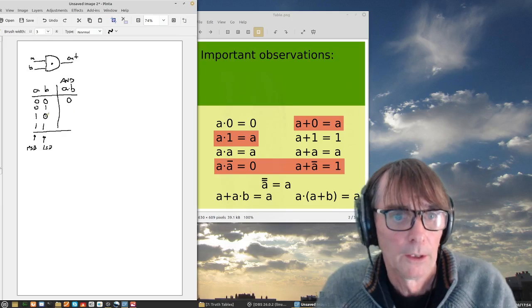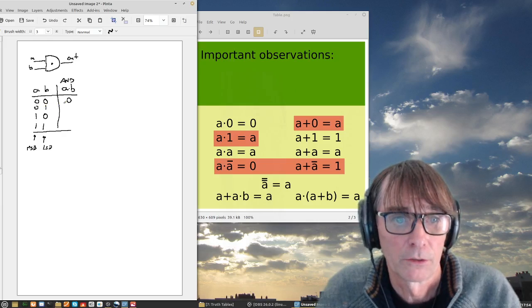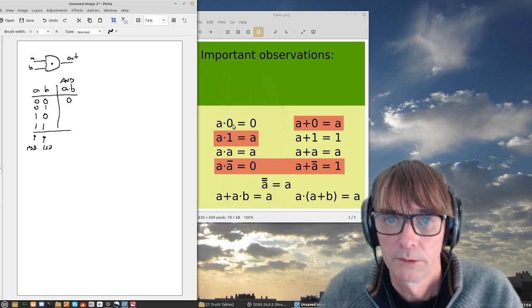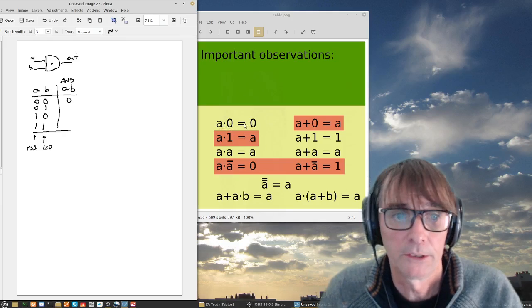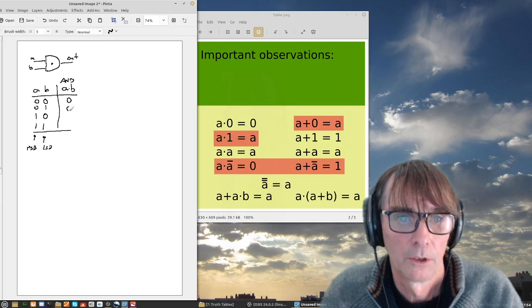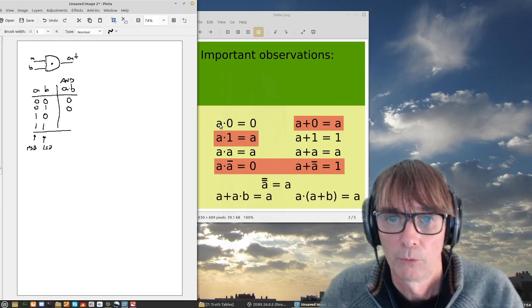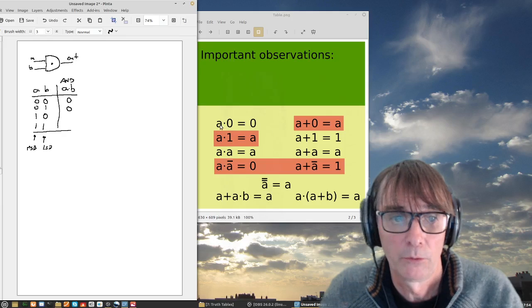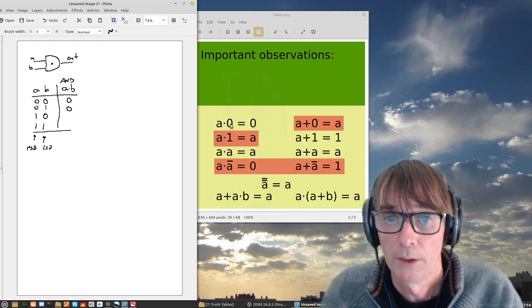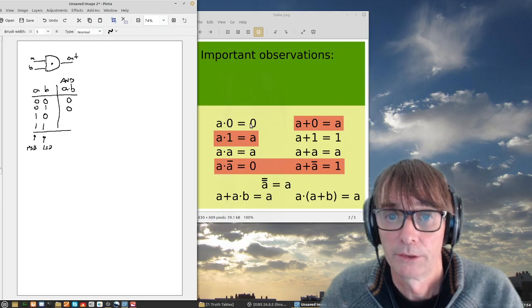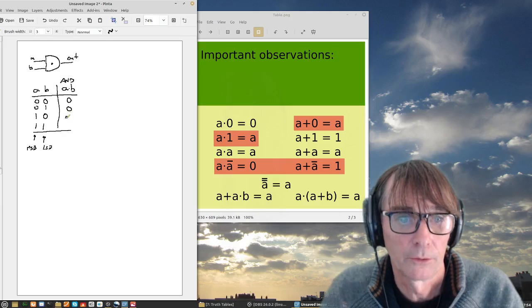So also here, 0 and 1: 0 and A can be 1, then it's 0. 1 and 0: we can substitute for this one A, we can substitute this 1, and then here and 0, this is still 0.